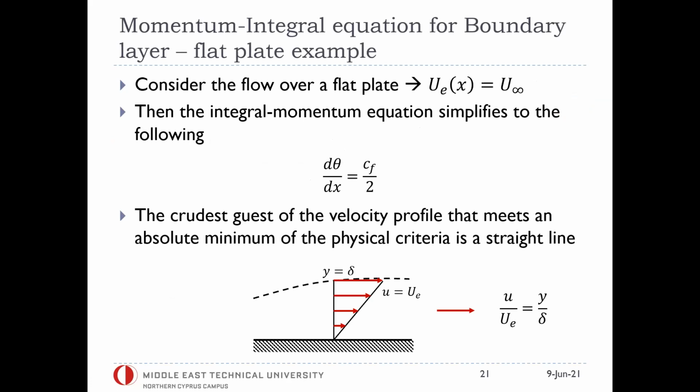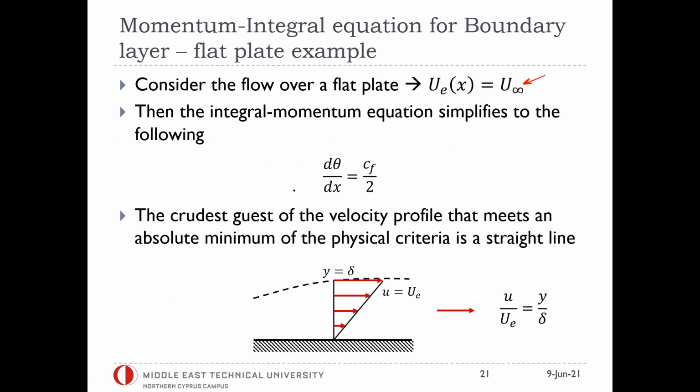So, first example: consider the flow over a flat plate. Our U edge distribution, basically there is no U edge distribution along x. It is equal to a constant value, the free stream velocity, U infinity. So dUe/dx is equal to 0 in the integral momentum equation.